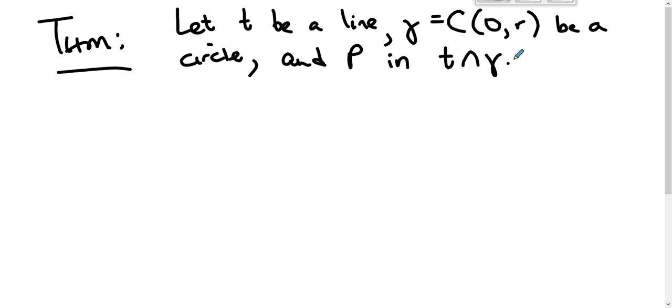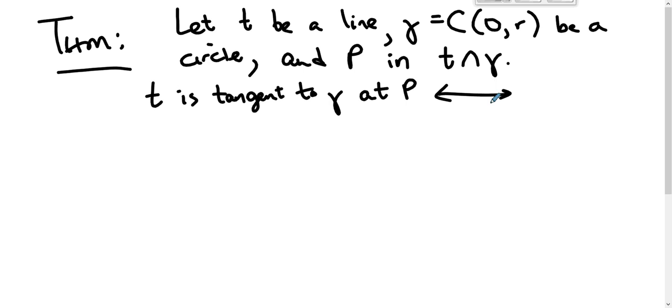So P is on the line T and on the circle gamma. T is tangent to gamma at P if and only if OP is perpendicular to the tangent line. And it's a biconditional, so we'll go both ways. We're going to go this way first.